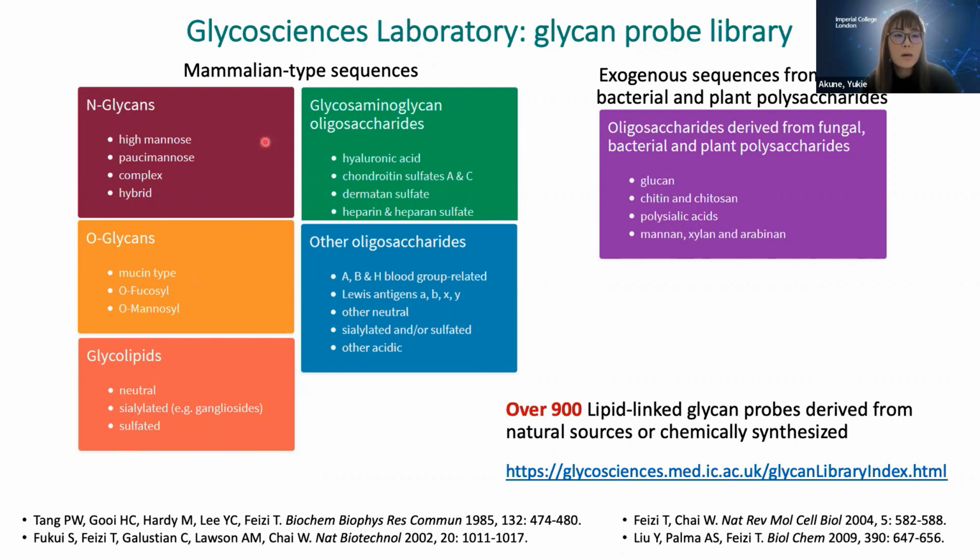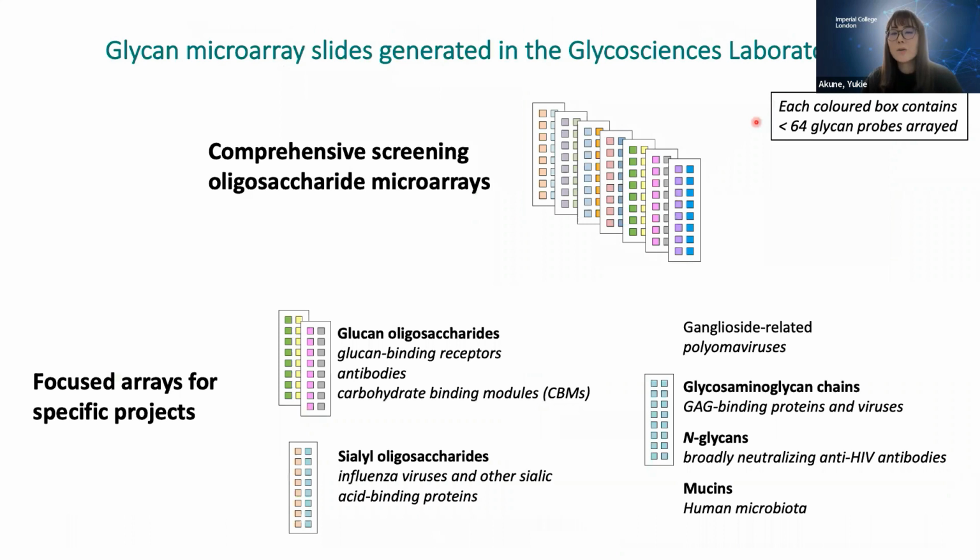The majority are mammalian type, and some of them are fungal or bacterial plant-based polysaccharides. And how do we use them? These are examples of pre-designed glycan microarray slides, but we print our library of 900 glycan probes to create the big screening arrays.